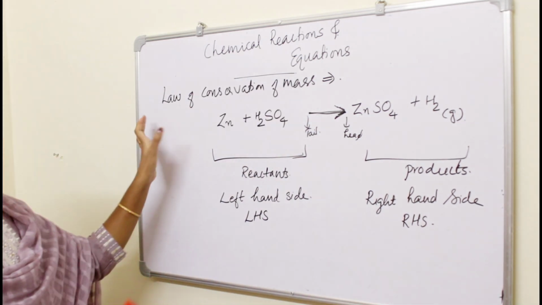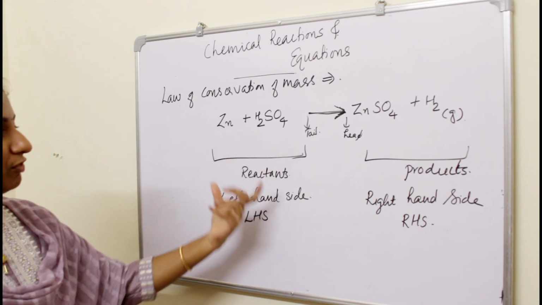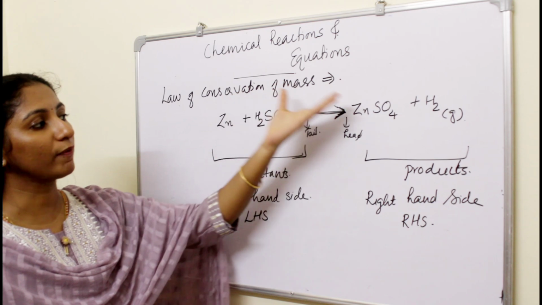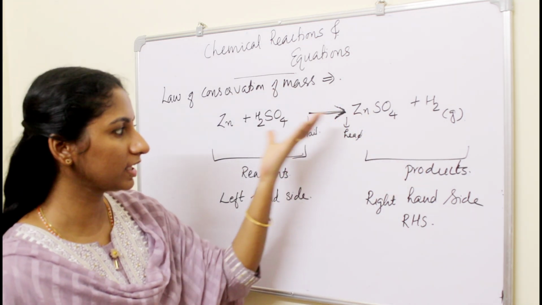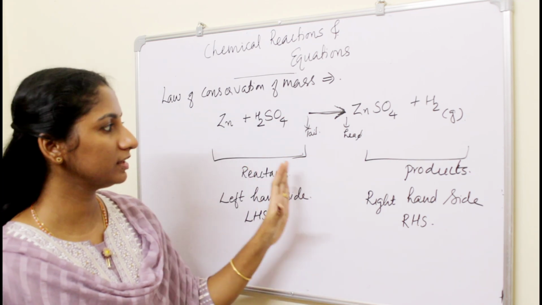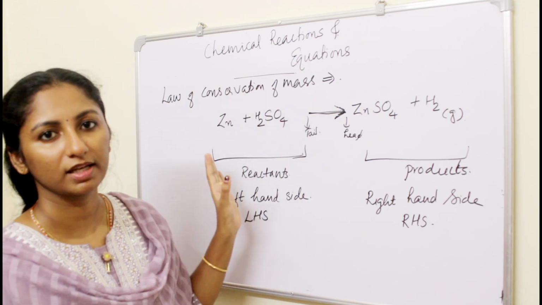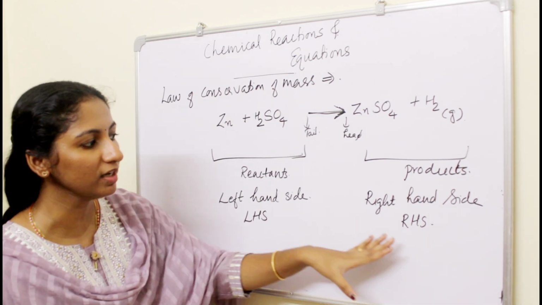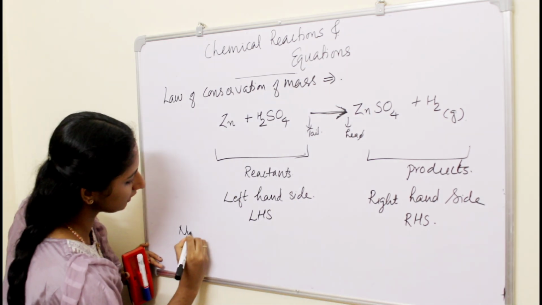Okay. So when we are taking this law of conservation of mass, we must say that the number of elements or number of atoms of this reactant must be equal to the number of atoms of this products. Then only we can say that this chemical equation is balanced, or that this equation is following the law of conservation of mass. That means the number of atoms in left hand side must be equal to the number of atoms in right hand side.